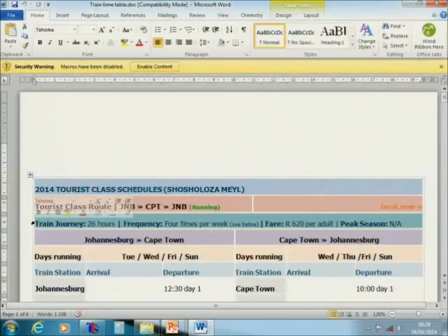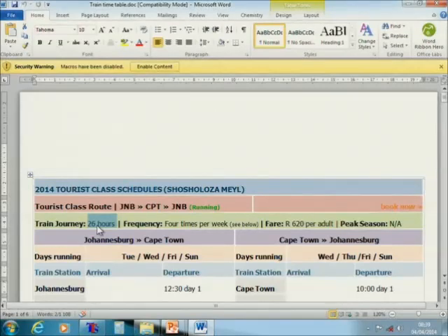Let's look at the third row. We need to interpret this in order to understand thoroughly before we can answer the questions. The train journey is estimated to take 26 hours. Why do I say it is estimated?